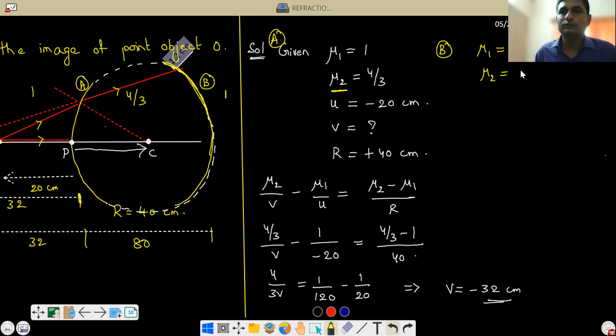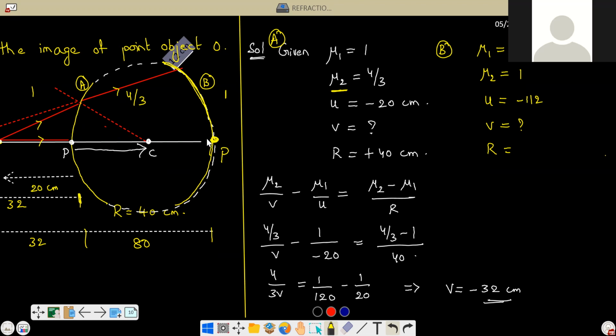Now what is mu2? Outside air. And what is u? It is equal to minus 112 centimeter. And v, we don't know. Radius of curvature. Now tell me, what is the radius of curvature? Now this is our surface, that means this is our pole. Now tell me, what is the radius of curvature now?